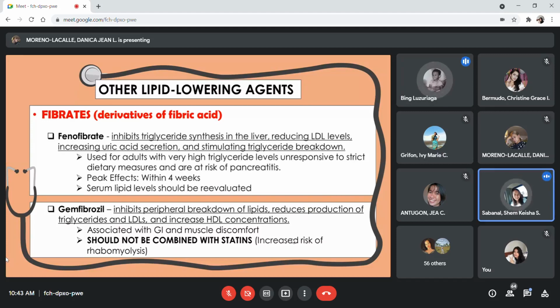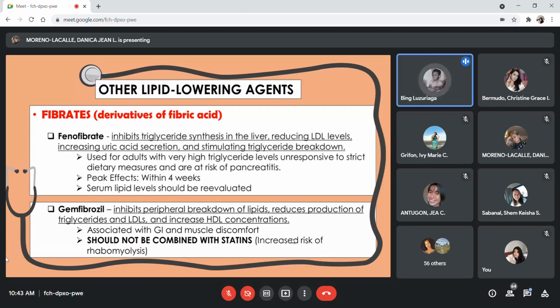Fibrates, with regard to your fenofibrates, another important thing here is the indication. It's more on triglycerides. When you take your lipid panel, you look at the triglyceride, LDL, HDL, VLDL. If your triglyceride is high, by the way, triglycerides are most commonly increased in rice eaters.